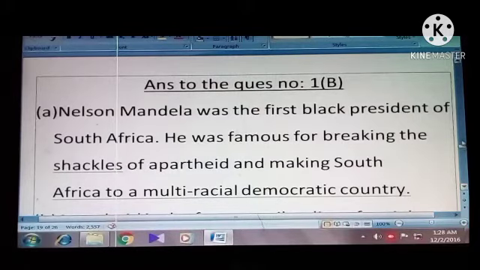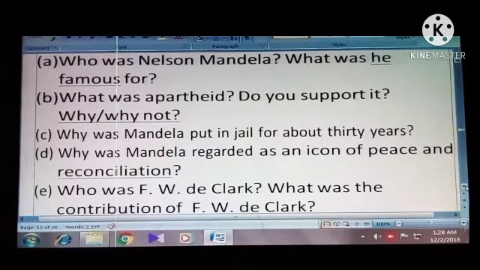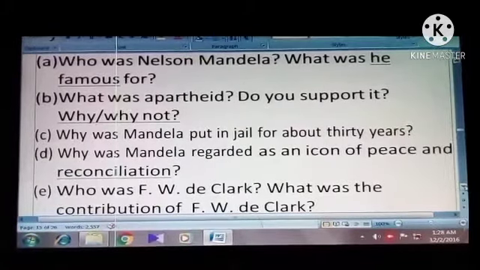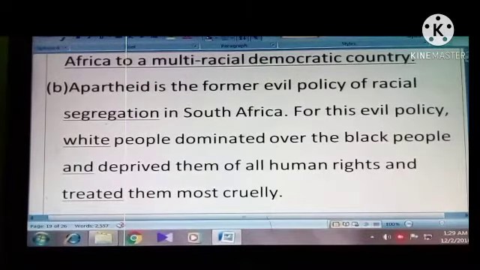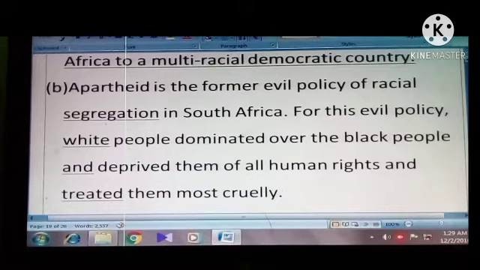Now, what was apartheid? Do you support it? Why or why not? In answering, we can write down: apartheid was the former evil policy of racial segregation in South Africa. Under this evil policy, white people dominated over the black people, deprived them of all human rights and treated them most cruelly.